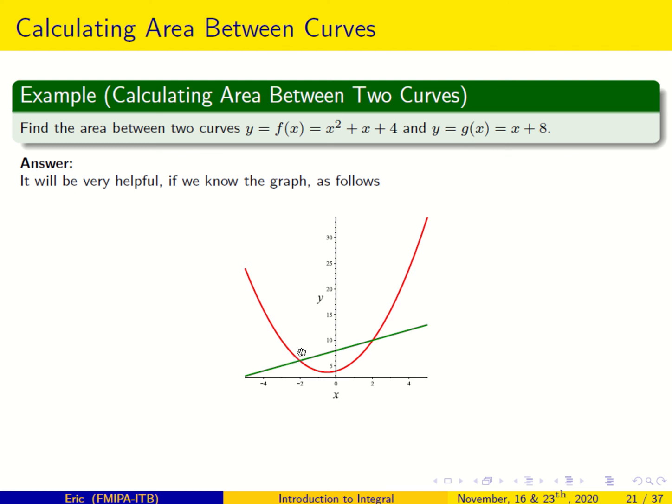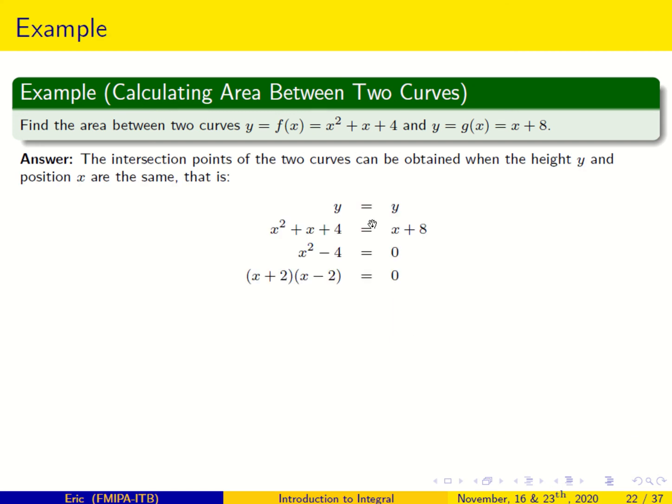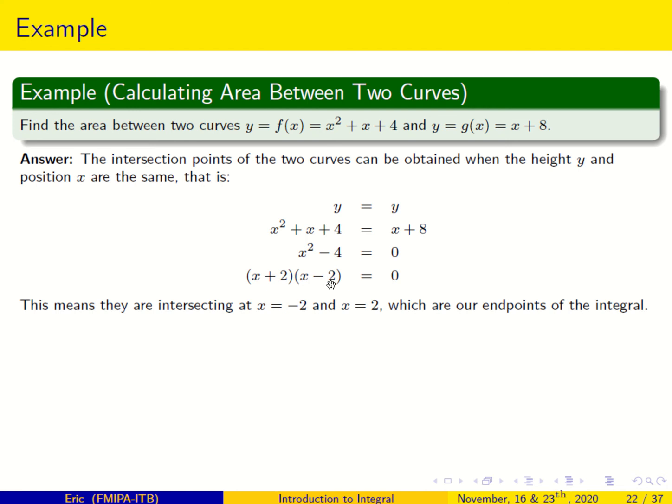How do I know the left end and the right end of the interval? I have to know the intersection points. We look at where y is the same, so I set this equal to this. I can simplify and factorize. So the intersection points are x equals minus 2 and 2.